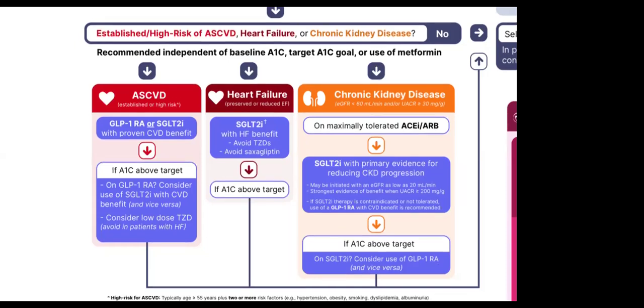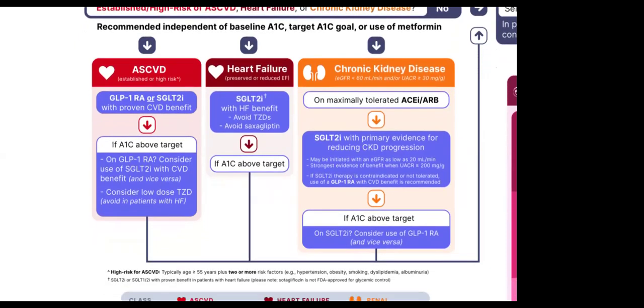If the A1C is still above target, you can consider adding another agent. For example, if you are already on a GLP-1 receptor agonist, you can now consider using SGLT2 inhibitors, and vice versa.